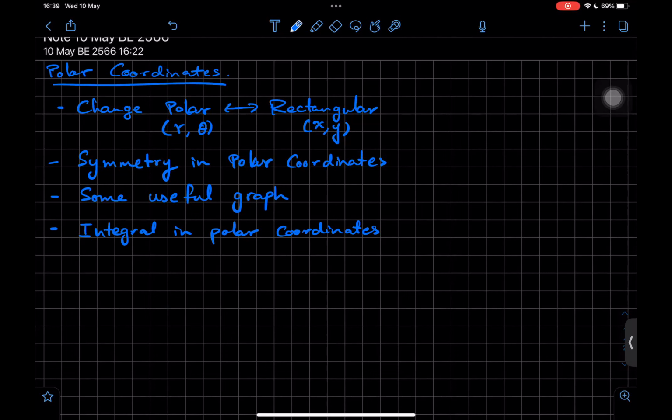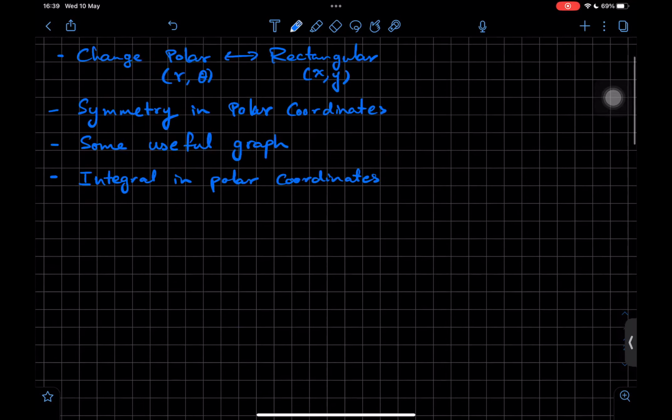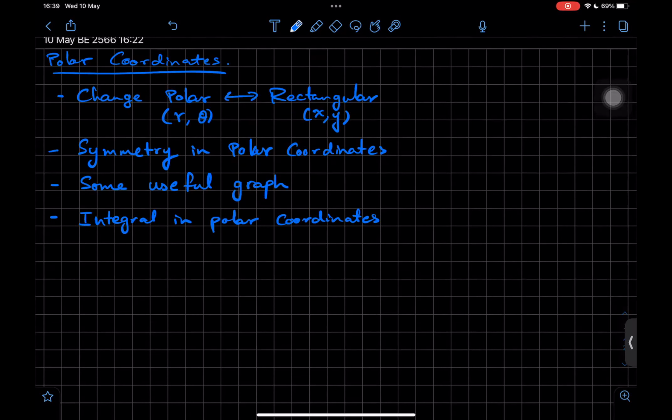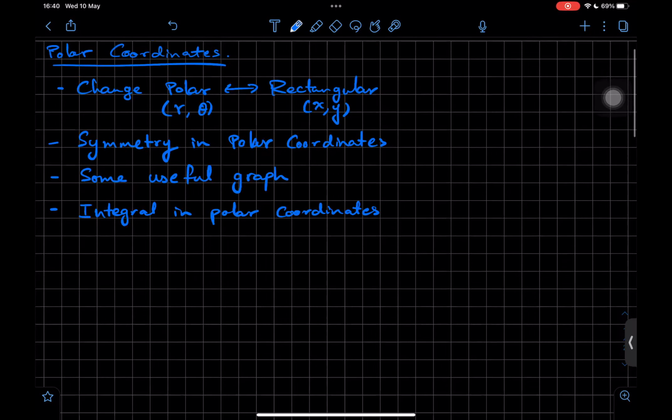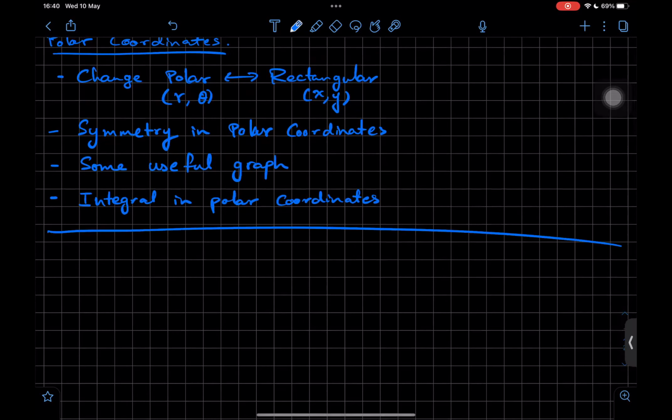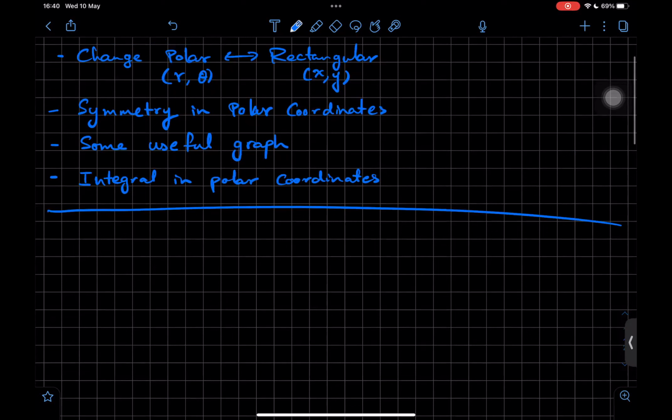Okay, so let's start. I will not go into the details that much, okay, because I think you already learned in class already. Okay, so first start to change from polar coordinates to the rectangular coordinates.